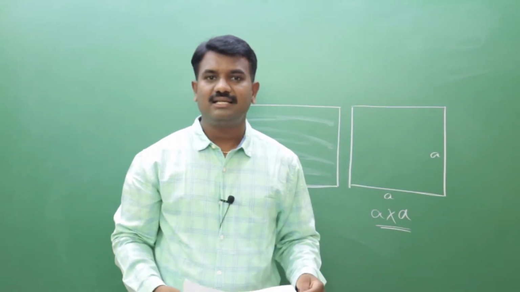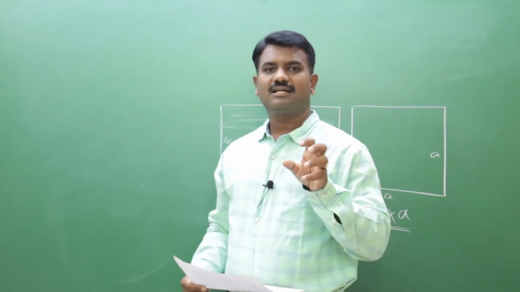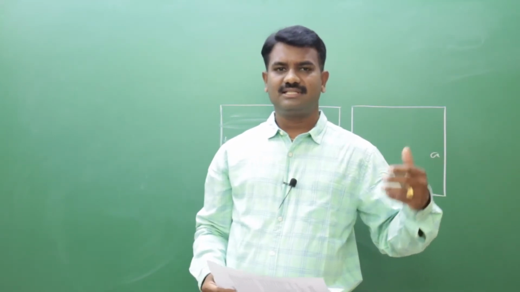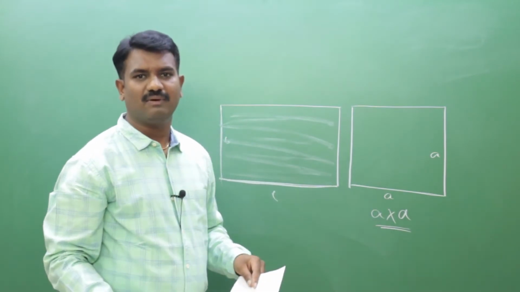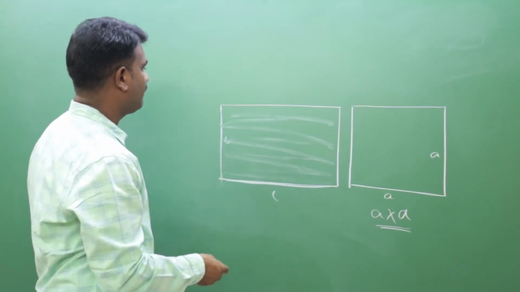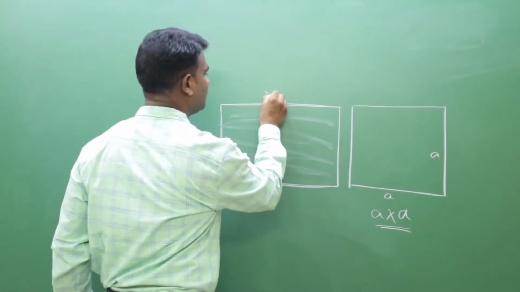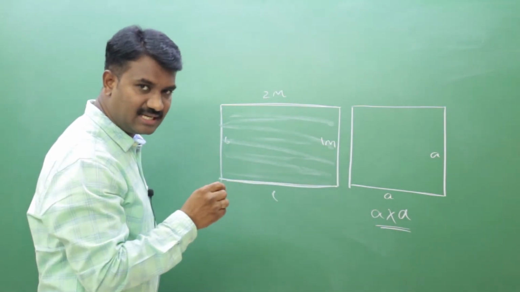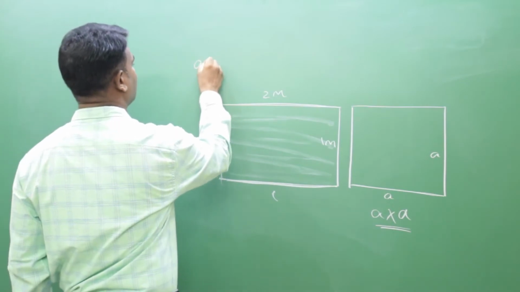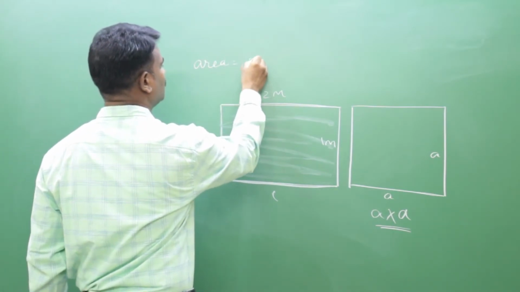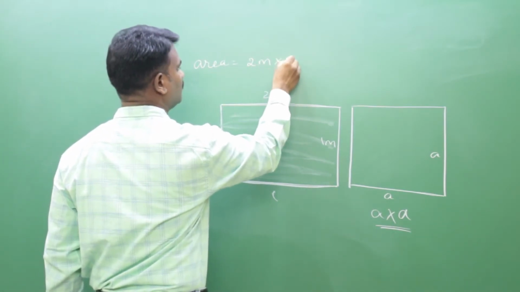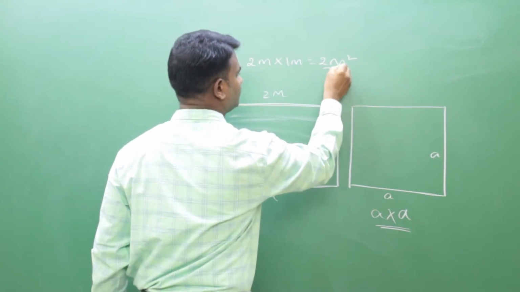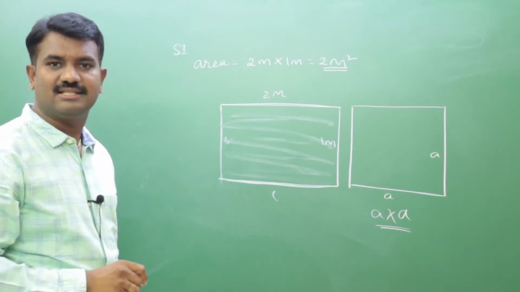Now let us see a small conversion of area from SI system to CGS system. How does it work? For example, if this is 2 meters length and this is 1 meter length, what is its area? Area of this rectangle is equal to 2 meters into 1 meter, that is equal to 2 meters square. This is the value in SI system.